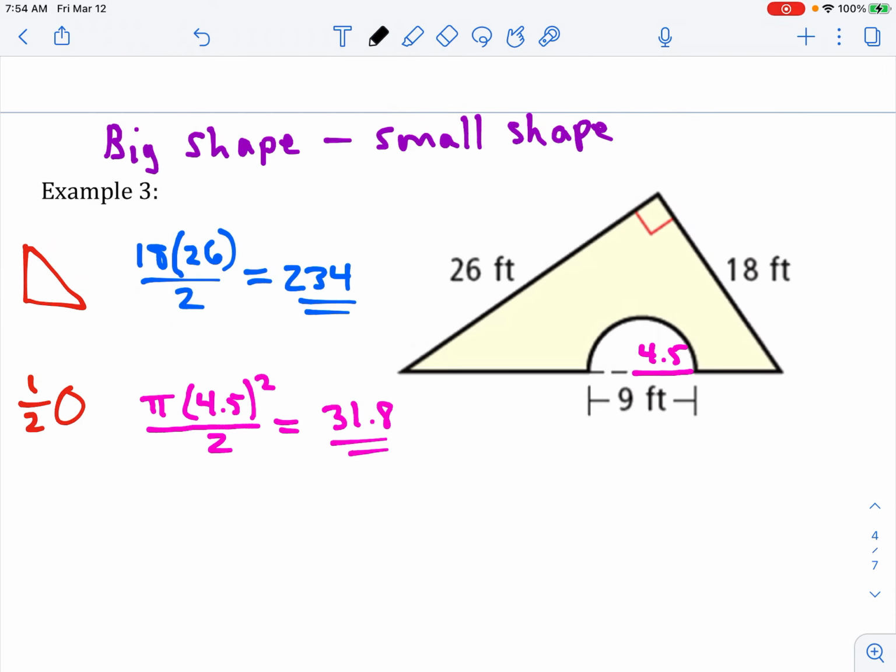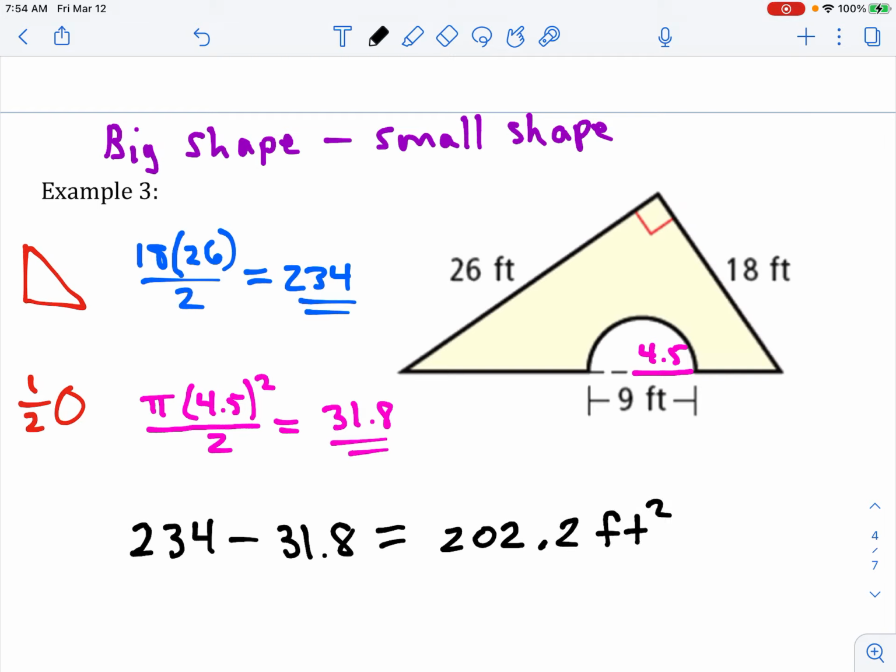Now, let's go back and subtract our answers. Big area of the whole figure minus missing piece of the figure is going to tell us that we get 202.2 feet squared.